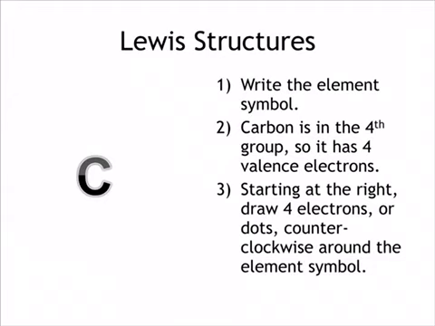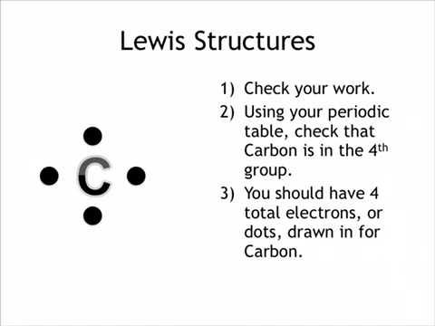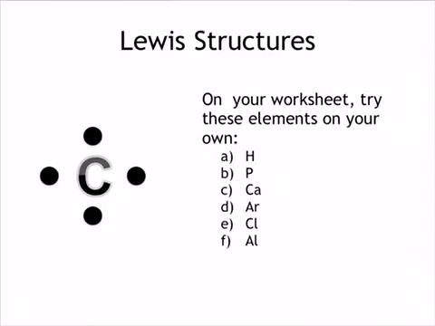We start at the right and draw in our 4 valence electrons going counterclockwise. Your worksheet has a guide at the top of the page that you can follow when you do that. Then you check your work.